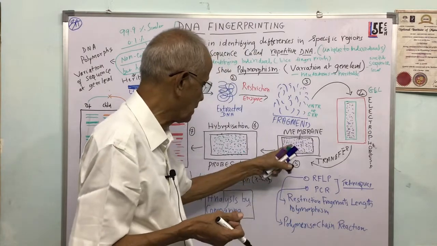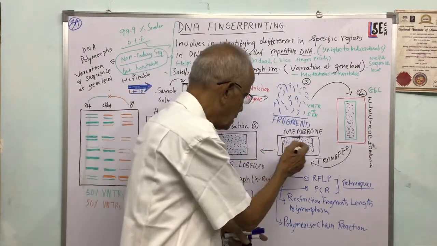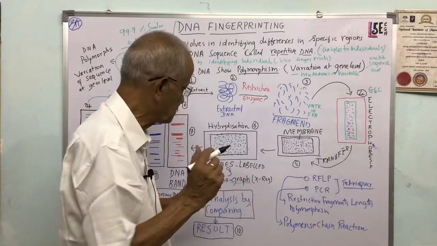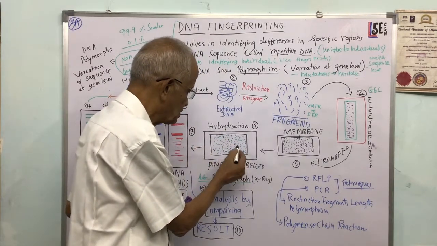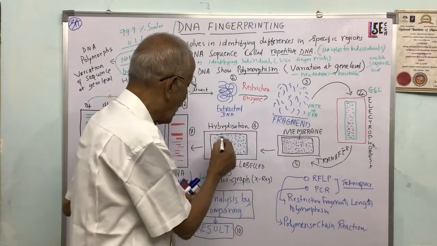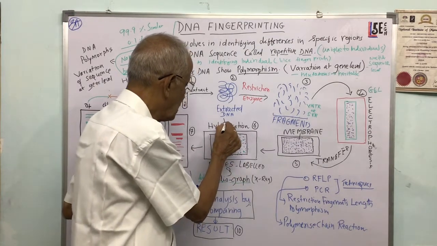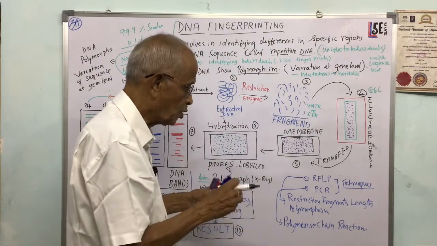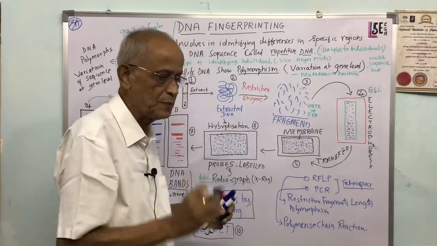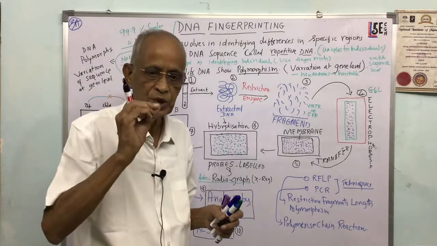And on this membrane you have DNA segments or pieces. Those DNA pieces, what you see in the blue color, will now be hybridized. That means they will make them recombine with the known type of DNA segments.